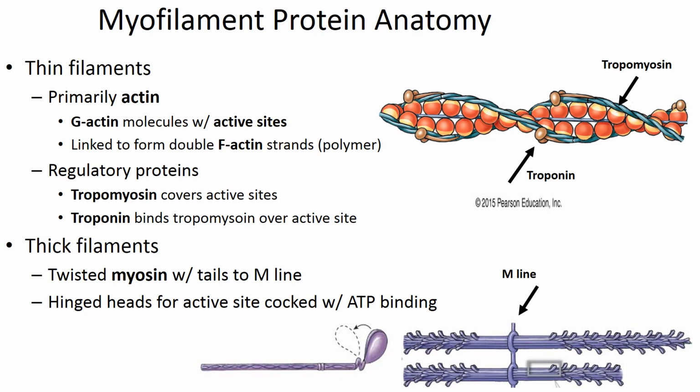Each of the globular subunits possesses an active site to bind to calcium ions. When calcium binds to troponin, troponin changes its shape, which in turn causes tropomyosin to swivel, thereby revealing the active site on the G-actin so that myosin and actin can form the cross bridge.